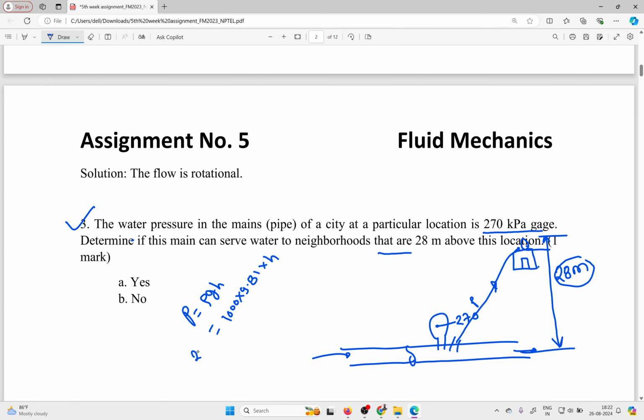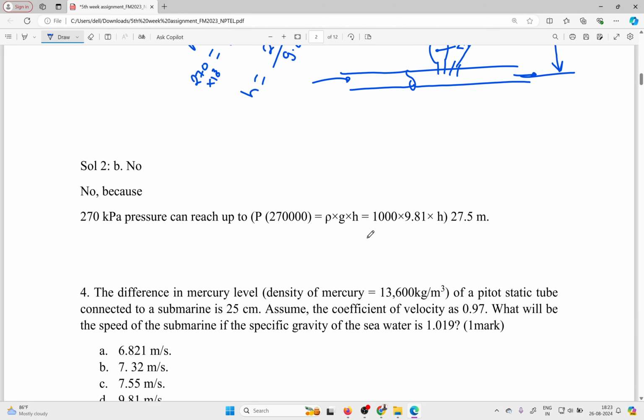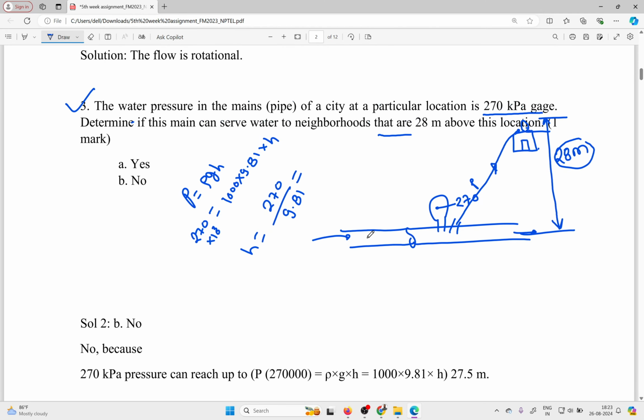P is equal to 270 kilopascal, so you multiply by 10 power 3. So h is equal to 270 divided by 9.81. How much will it come? It will come to 27.5.